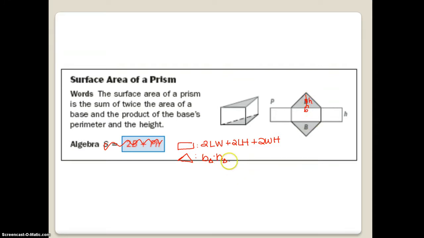Basically find the area of the triangle. Plus all the sides of the triangle added together. Again, this is of the triangle. All the sides, so this is like A, B, and C, times the height of the prism. That's a rectangle. That would be this height right here.